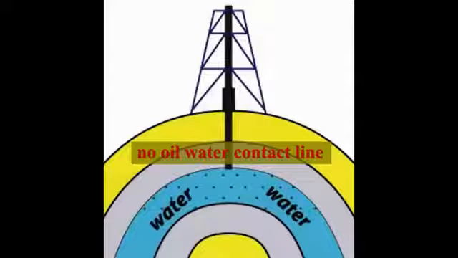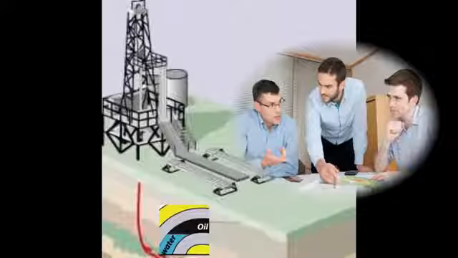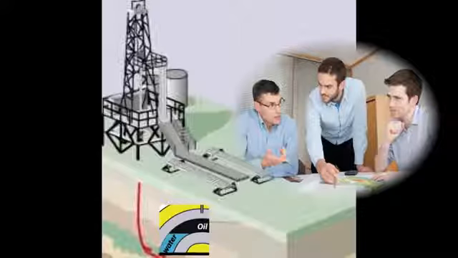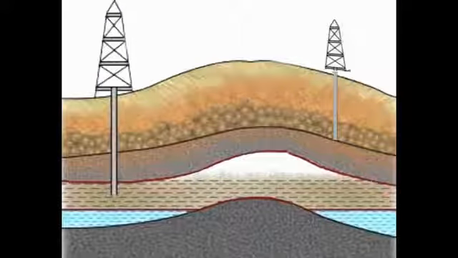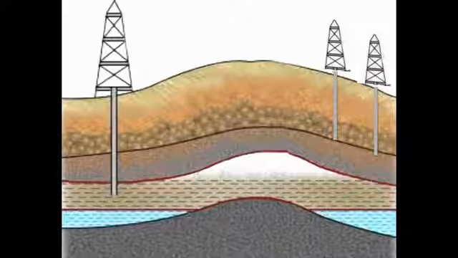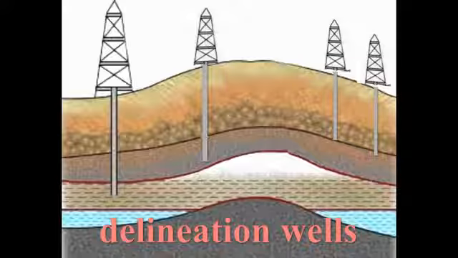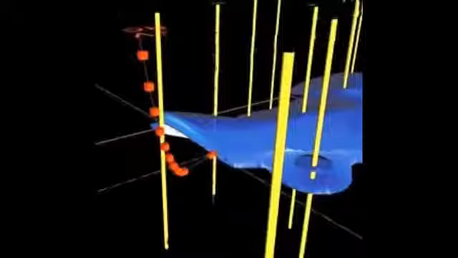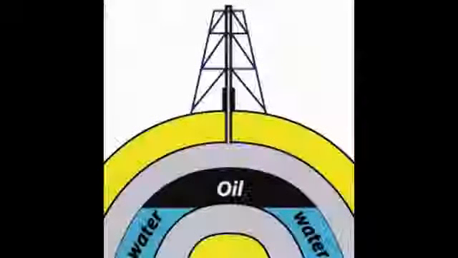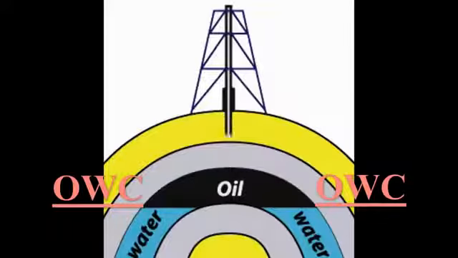When an OWC is not found, the team will continue to drill until they find it. In this case, another delineation well will be drilled closer to the wildcat well. Additional wells, all called delineation wells, are then drilled encircling the wildcat well to establish the parameters of the pay zone as defined by OWC.